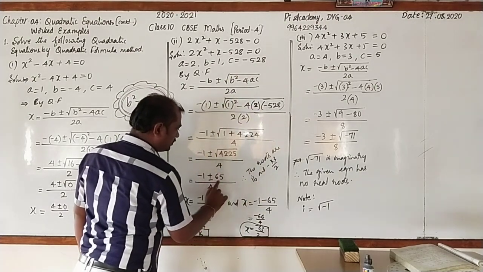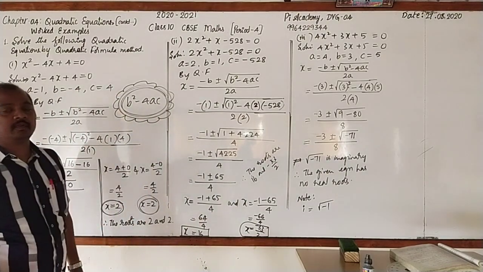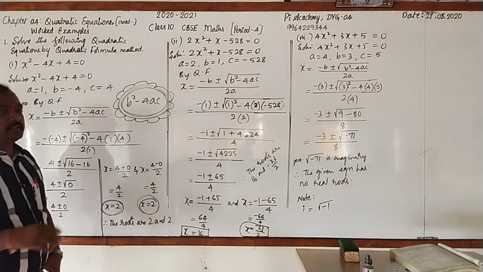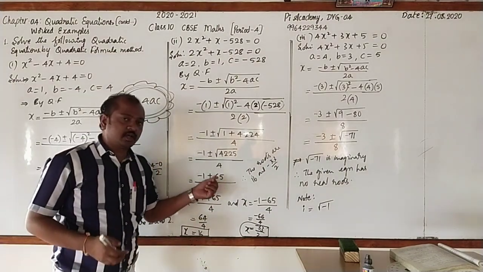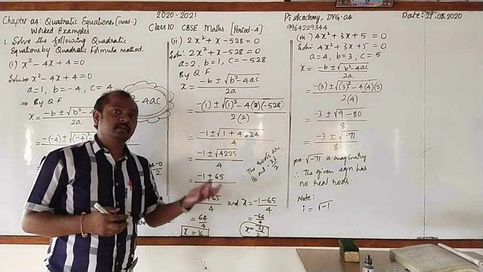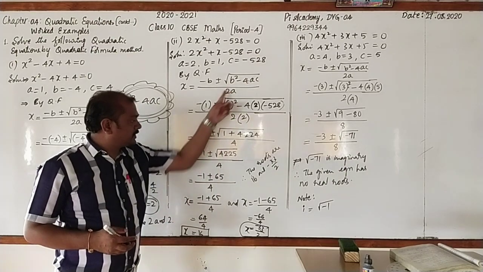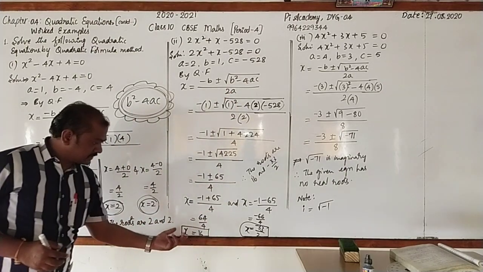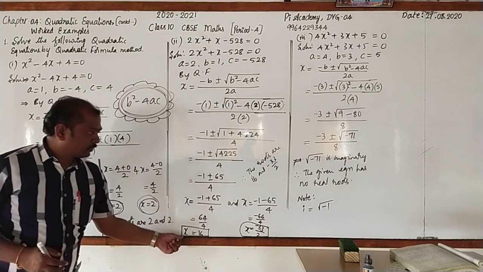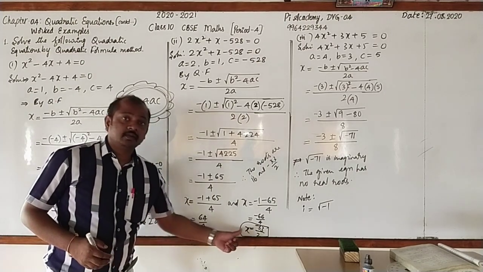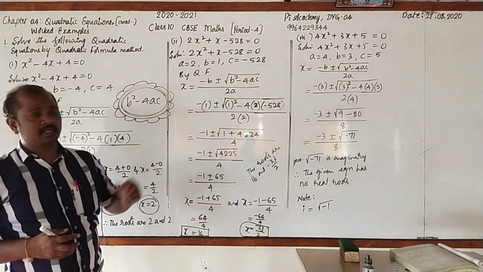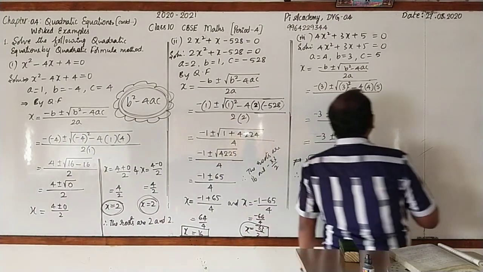It is 65. Whether it is greater than 0 or less than 0? It is greater than 0, that means positive. b square minus 4ac is positive. Under such condition, the roots will be real and different, nothing but distinct.